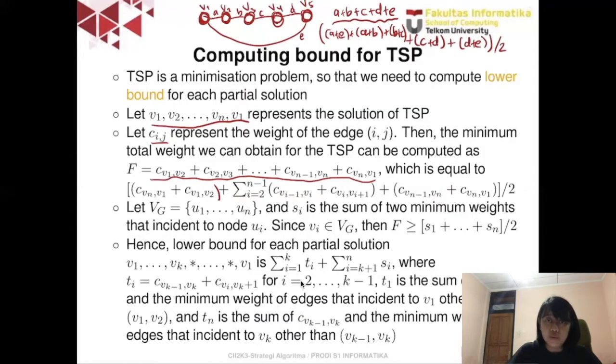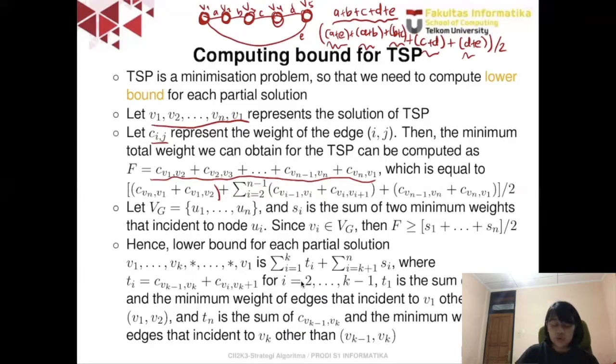Okay, so what is the lower bound for this problem, for the minimum weight? We can see that here we add two edges that are incident to every node we have in the graph. A Hamiltonian cycle is a cycle that contains all nodes of the graph.